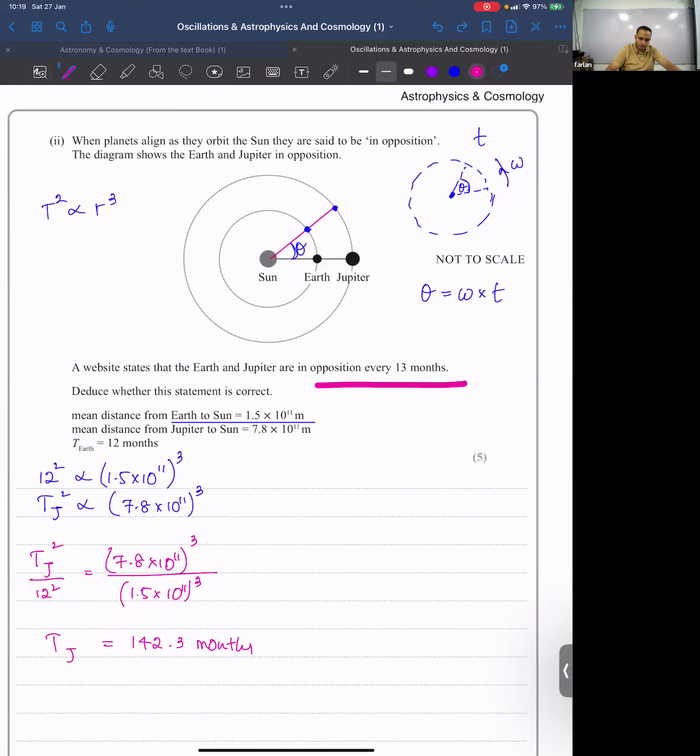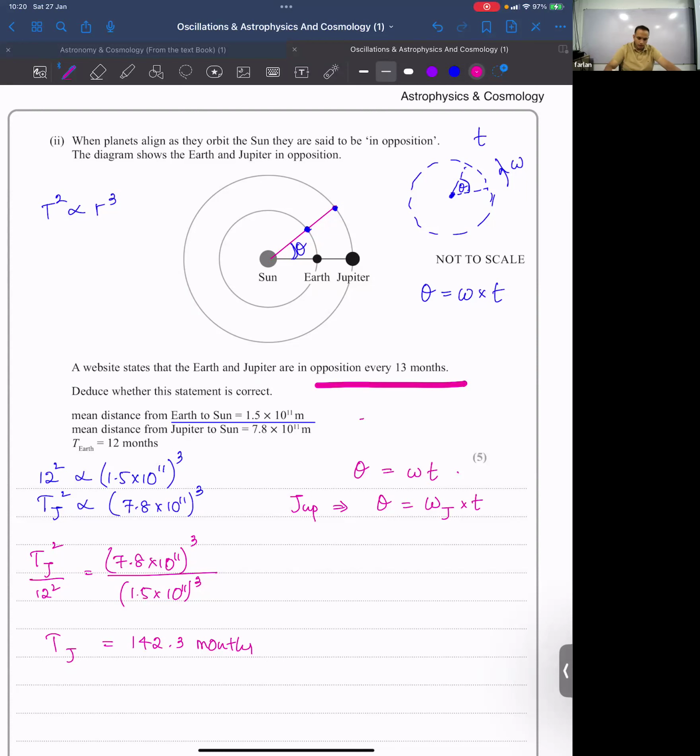Now, if I use theta equals omega t for Jupiter, theta equals Jupiter's angular velocity, I'll take it as omega J, into t.